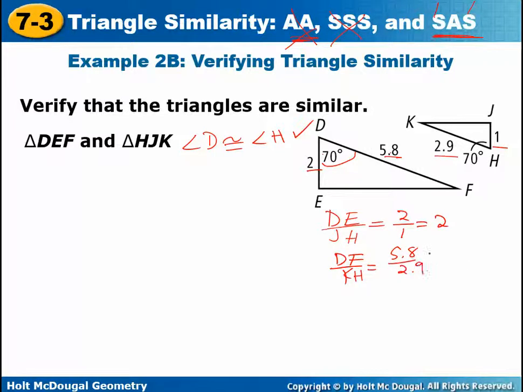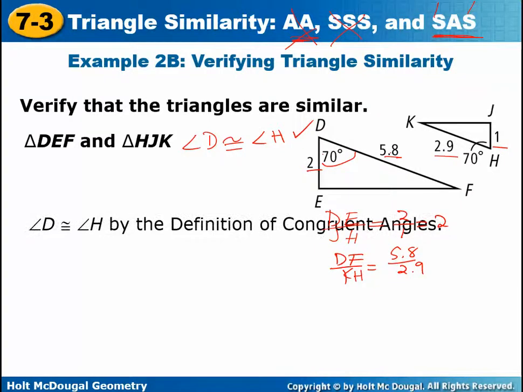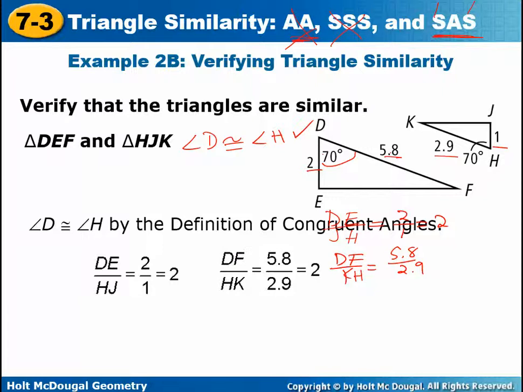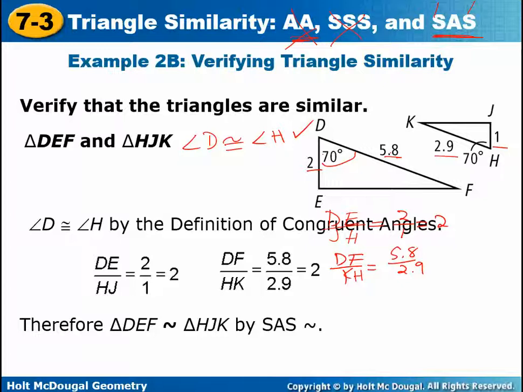And then you need to use your calculator and see if 5.8 divided by 2.9 is 2. And since it is, then we know that these two triangles are similar by SAS. The little symbol after the SAS is the short way of saying the side angle side similarity theorem. So you don't get confused with the side angle side congruence theorem that we used in chapter 4.